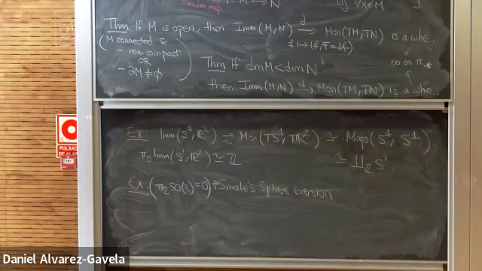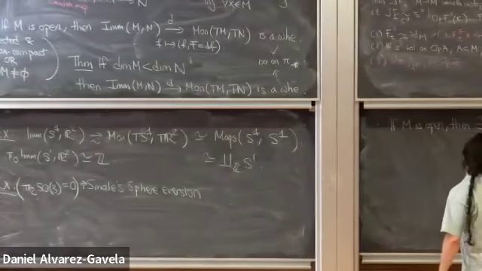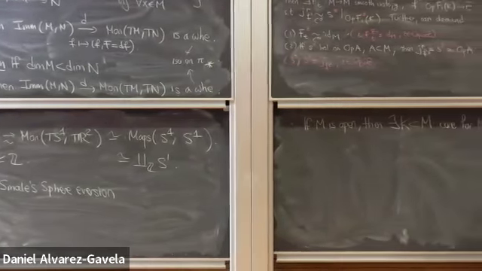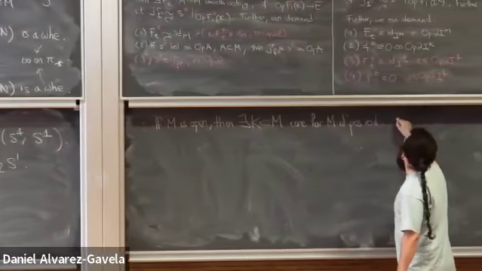Okay, so the key point is that if M is open, then there exists a core K for M of positive codimension. And what do I mean?